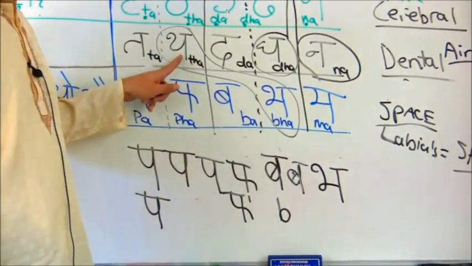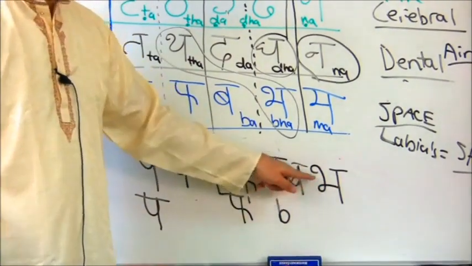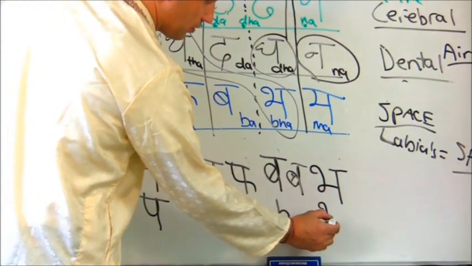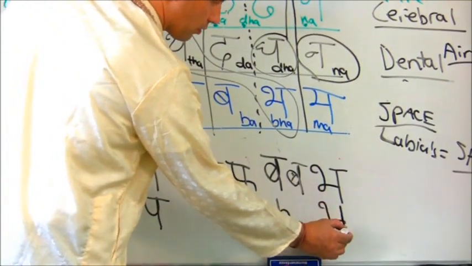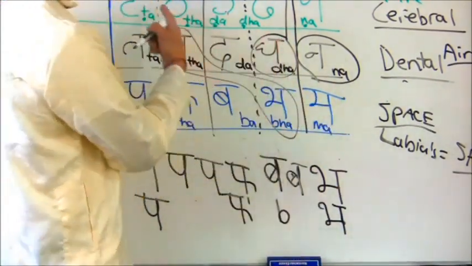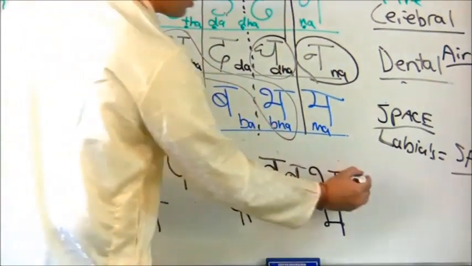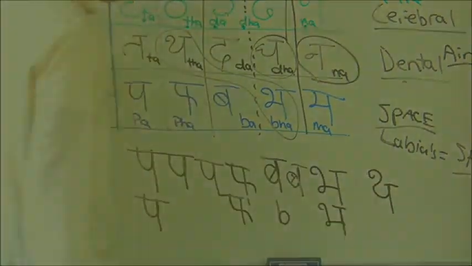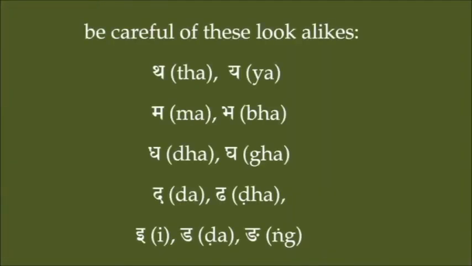This one is curvy. This one is straight. So B looks like this, down, looks like a square. Whereas T, the letter T, is very curvy, my favorite letter. See, look at that. That's T. Some people make them look similar. Don't, because it can be confusing. And finally, M. M is the same as B, except that it's closed.